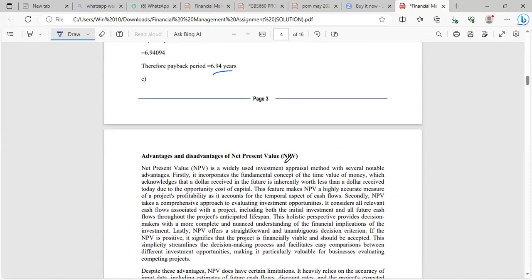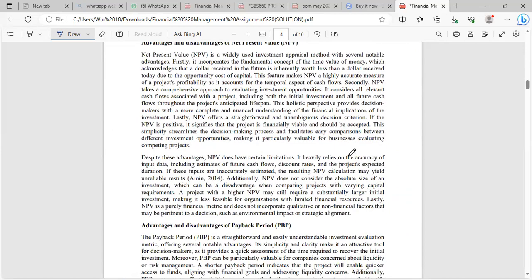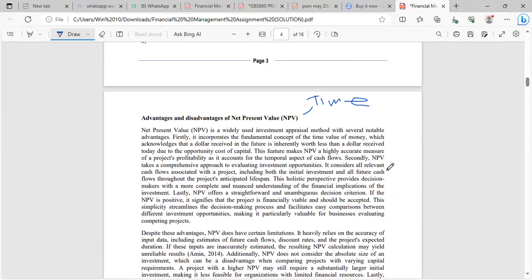So NPV, net present value, is a widely used investment appraisal. This one considers the time value of money. Advantages: it considers time value of money. That is, whatever notes is here, there is an aspect of time value of money.